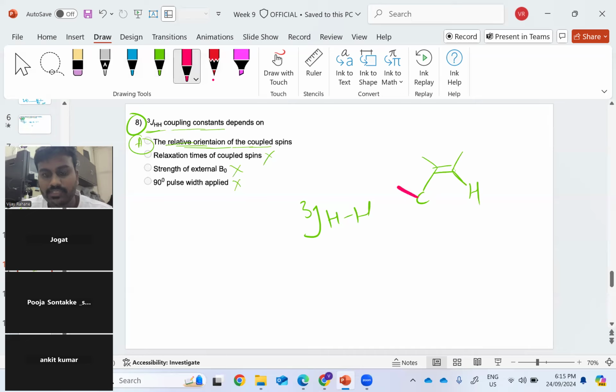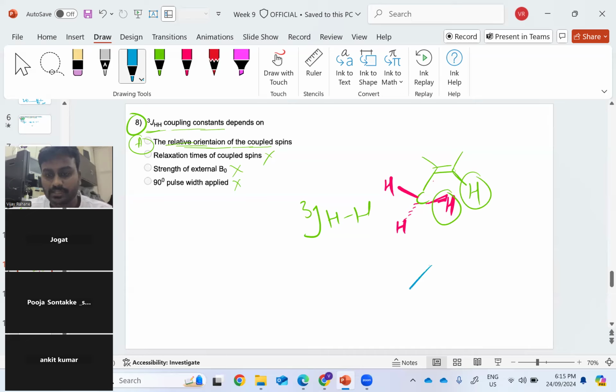So let's say one proton is in the plane, another proton is below the plane, and the third proton is above the plane. So in this type of system, this is 1, 2, 3. The coupling between these two protons can be detected, because they are oriented close to each other.